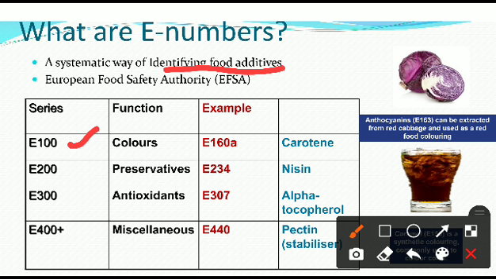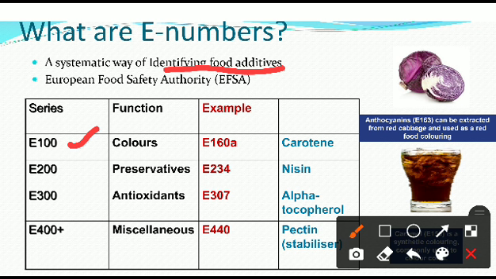Next is E300, which shows the addition of antioxidants. E400 plus means the additives are miscellaneous. There are other E numbers also, like E160a, which shows that carotene is added in the packet.